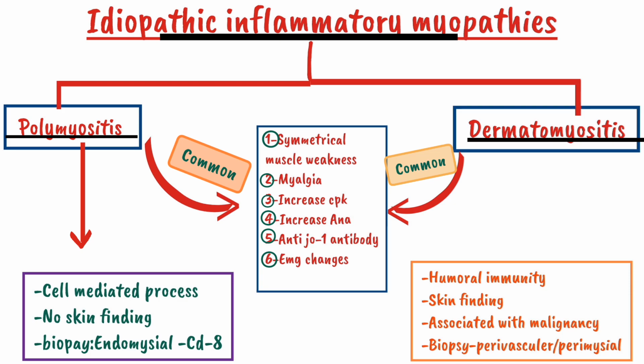While in dermatomyositis, there is humoral immunity, and there are skin findings such as heliotrope rash, Gottron's papules, malar rash, shawl sign, and V sign. Apart from that, dermatomyositis is associated with malignancy, predominantly lung carcinoma in males and ovarian carcinoma in females. And on biopsy, there will be perivascular or perimysial inflammation, predominantly involving CD4 positive T cells.